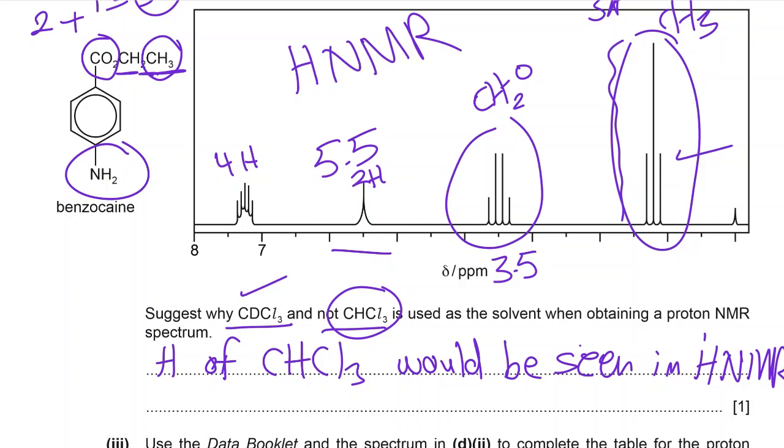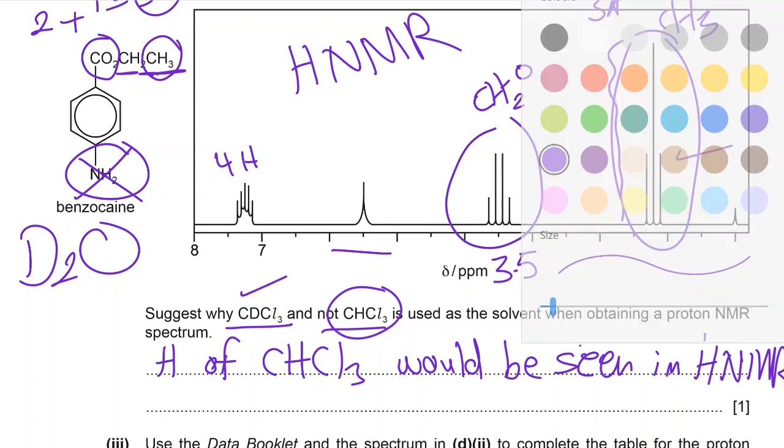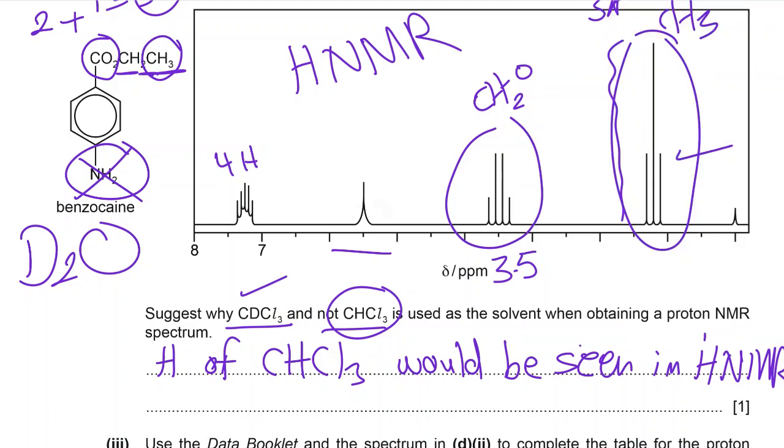So if you dissolve this compound in D2O, at once the peak which is responsible for NH2 will disappear. That means exactly this peak will disappear.